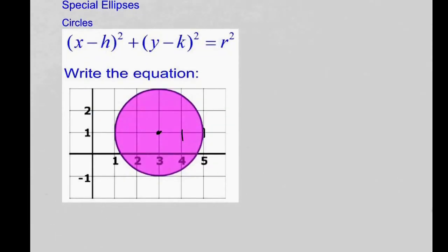Now we have special ellipses, which we call circles. And we have our standard form, x minus h in parentheses squared plus y minus k in parentheses squared equals r squared. Now we have a picture of a circle, and we want to write the equation. Well, the equation is real simple. We have our center at 3, 1.